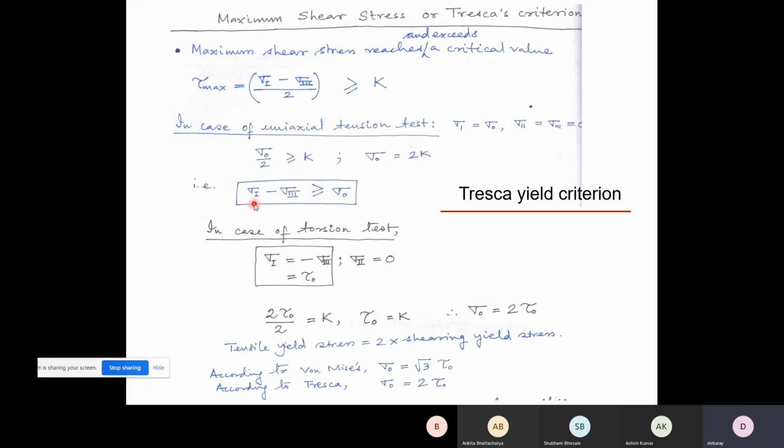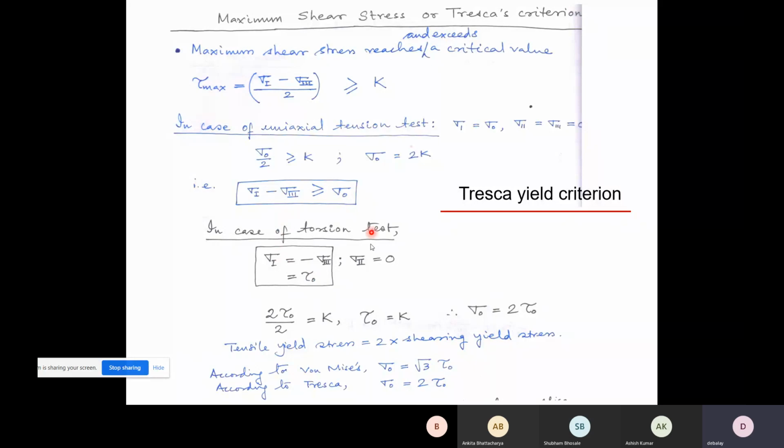In torsion, yielding occurs when sigma 1 equals minus sigma 3 and they exceed tau naught. What is tau naught? Tau naught is the yield strength in torsion, which is pure shear loading. So tau naught is called shearing yield strength, as sigma naught is called tensile yield strength.